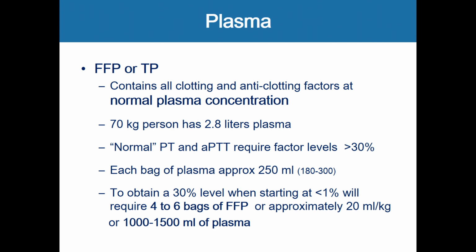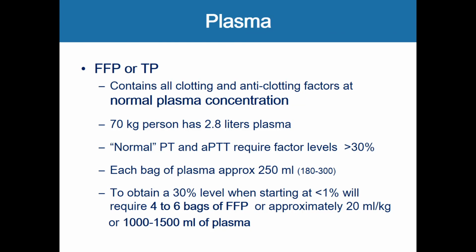So if you are starting at less than 1% activity for coagulation factors, and you want to replace a 70 kilogram person's entire plasma volume to achieve minimal coagulation factor levels, you will need to give 4 to 6 bags of FFP, or approximately 20 mLs per kilogram, which roughly translates to 1,000 to 1,500 mLs of plasma.